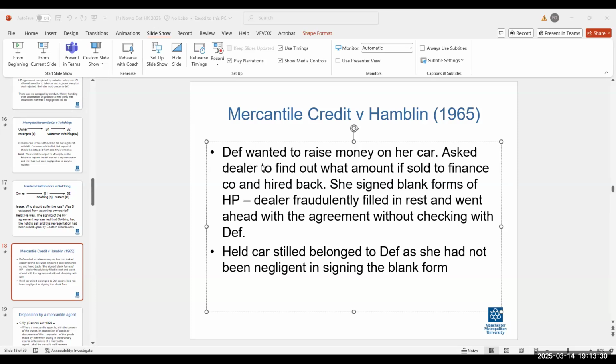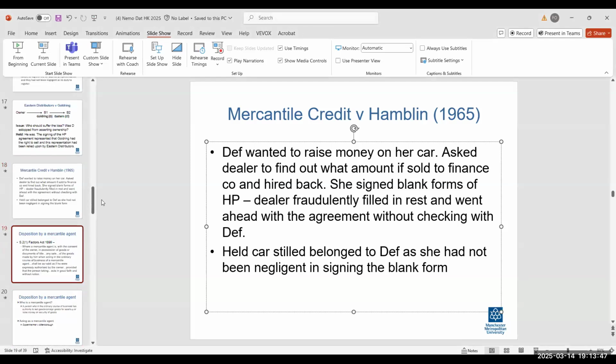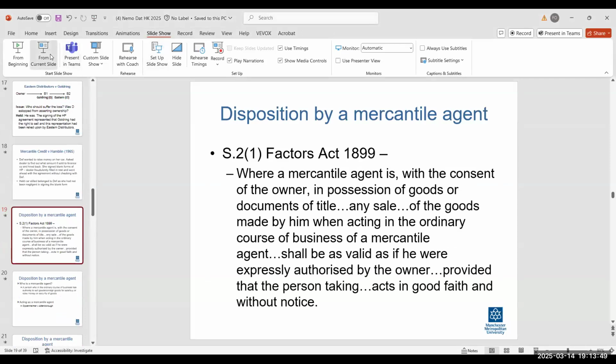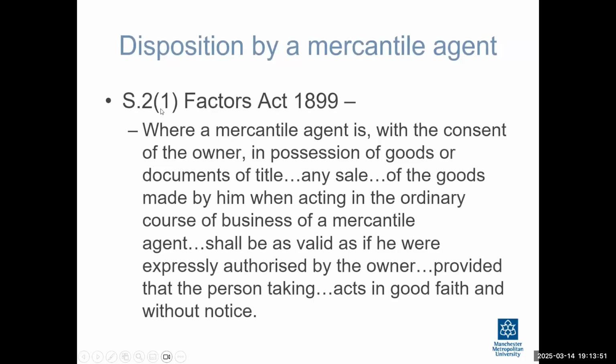She made this happen. And the dealer was dishonest. He really was a reputable person before, but he was dishonest in this case. So the dealer filled in the rest, and the court said the property still belonged to her as she had not been negligent in signing the document. You would think she should be held negligent, but that's what the court said.